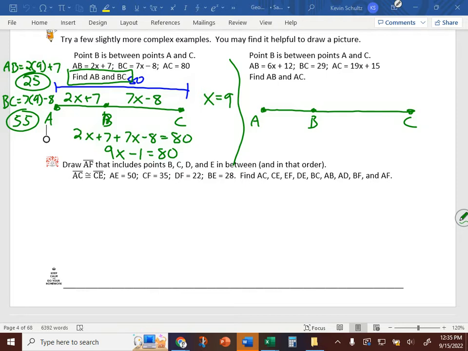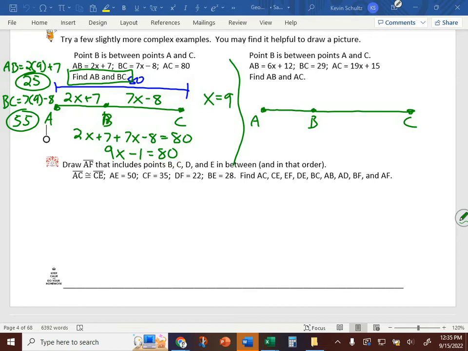So you have to have something that you know what its value is. And what we know is that the sum of these two parts is equal to the whole. So we couldn't just set 2x plus 7 equal to anything that we wanted to, right? It's kind of got to fit in context of the question.